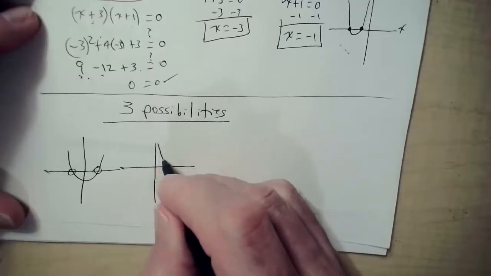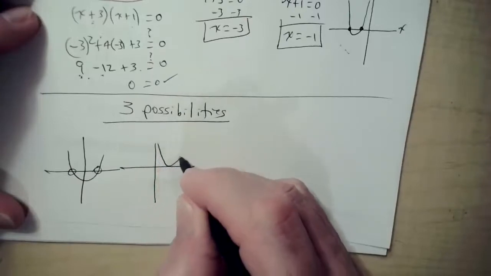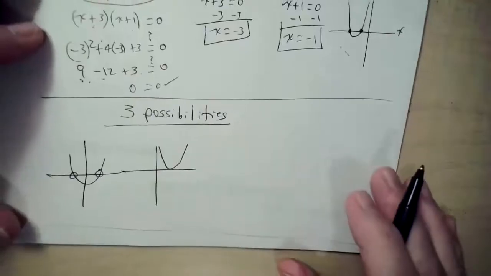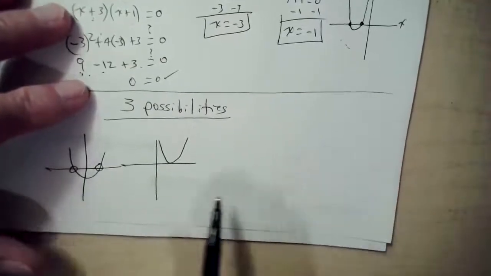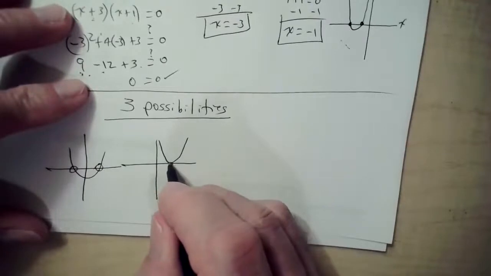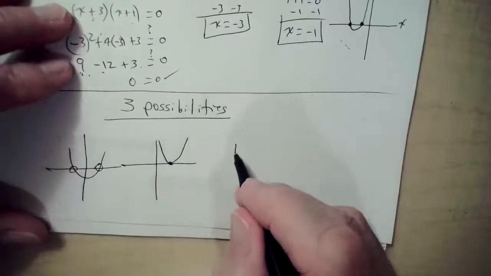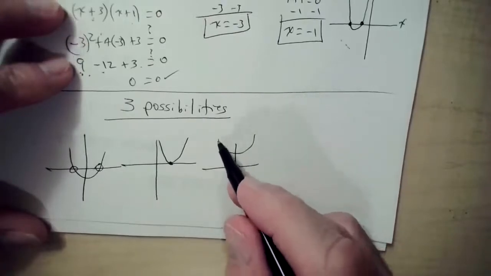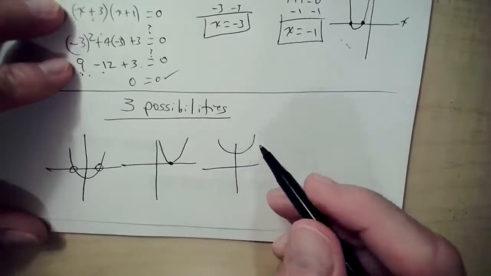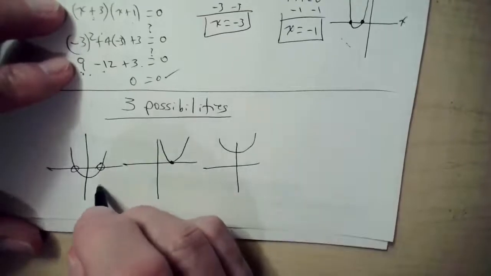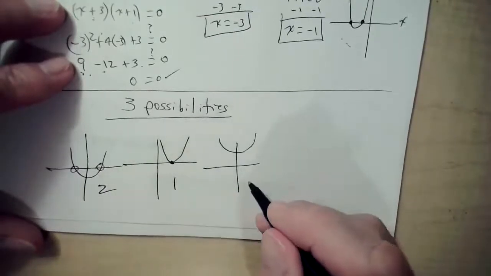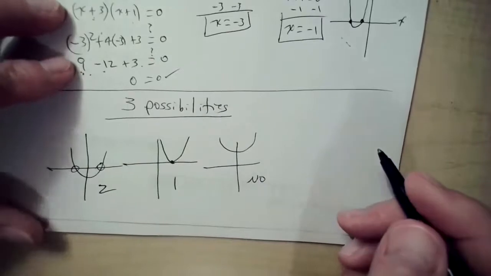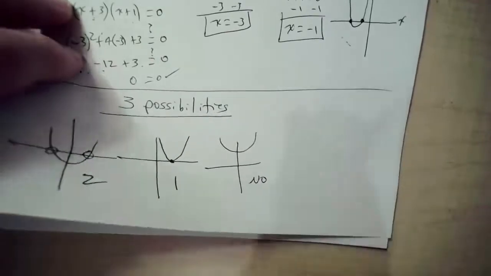You can have 1 solution where it comes down and just touches. That's called a tangent. It just touches in one place, so you only have 1 solution. Or you can have no solutions, where the parabola does not cross the x-axis. So there's two solutions, one solution, or no solutions. Okay?